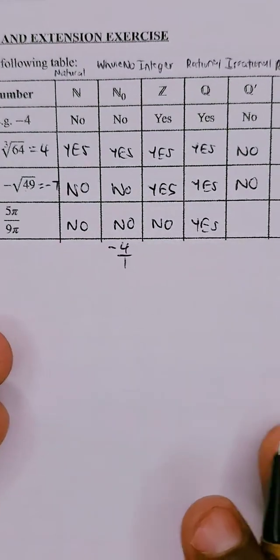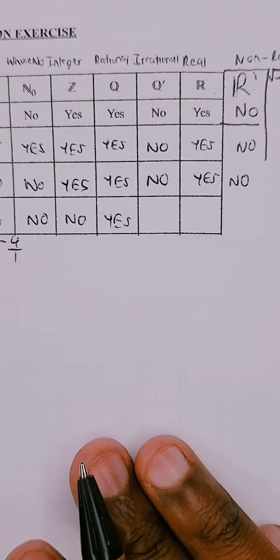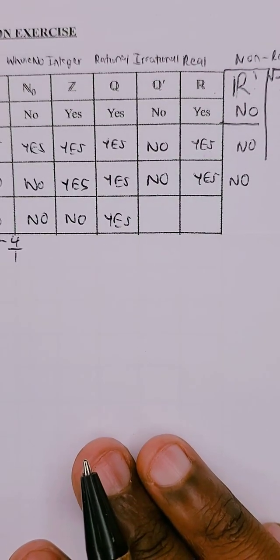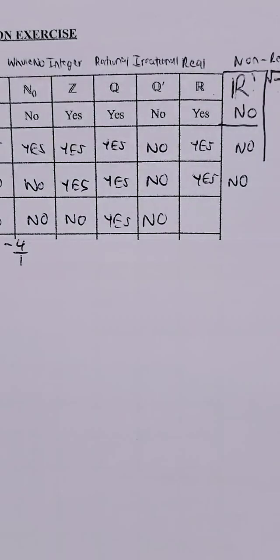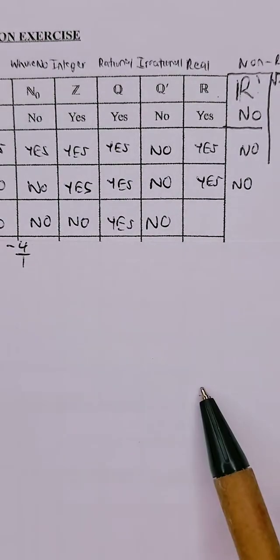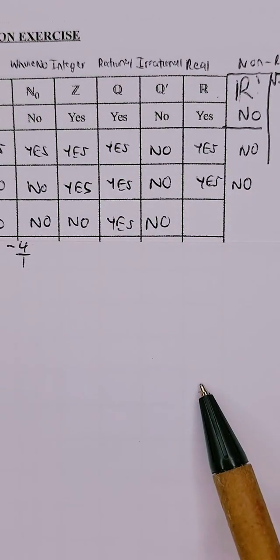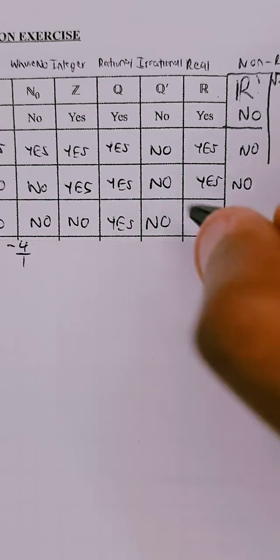Is it irrational? 5 pi over 9 pi? Okay, Sbuda, definitely no. I agree with you, Sbuda. Thank you so much. Then lastly, real. Is it a real number, guys? 5 pi over 9 pi, is that a real number? Yes, it is.